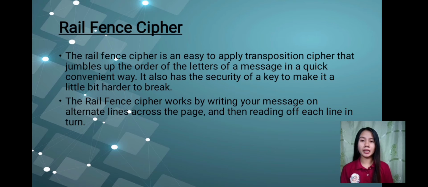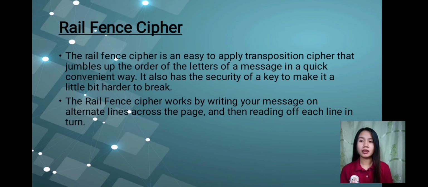Hello everyone, I'm Jenalyn Pascual, and here is the simple tutorial of the Rail Fence Cipher. The Rail Fence Cipher is an easy-to-apply transposition cipher that jumbles up the order of the letters of a message in a quick, convenient way. It also has the security of a key to make it a little bit harder to break.